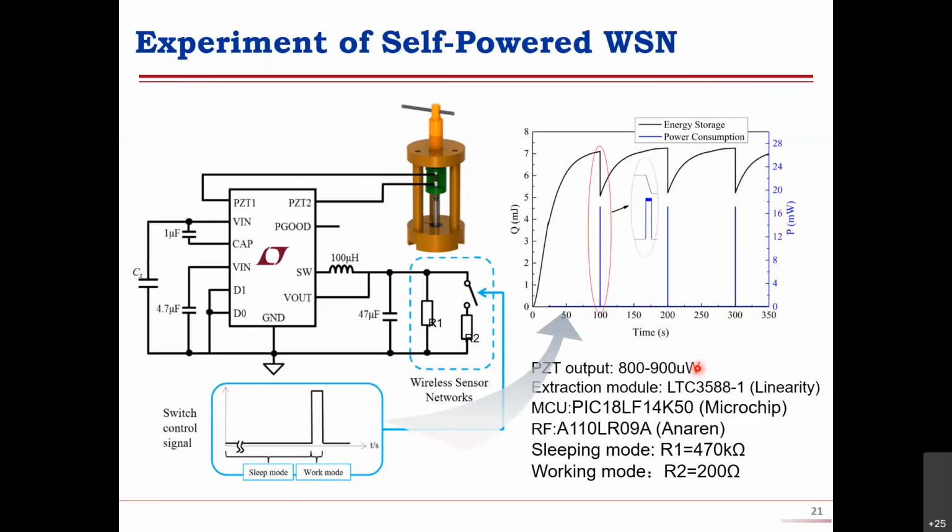And the second aspect is also related to the source, because in this ambient source application, we expect some variability of the source, for example, variability of frequency and variability of amplitude.